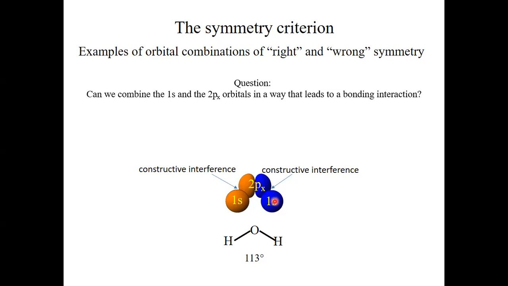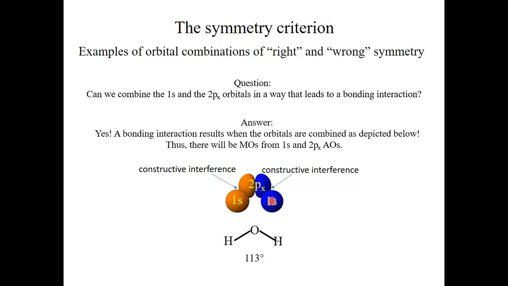Then this orange lobe can constructively interfere with this 1s orbital, and this blue lobe here can constructively interfere with this 1s orbital. So again, yes, bonding interactions can result when the orbitals are combined as depicted below.